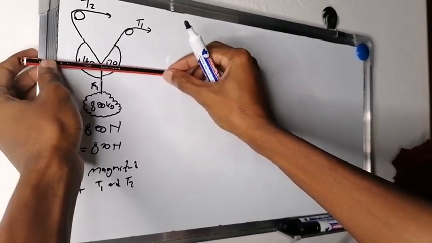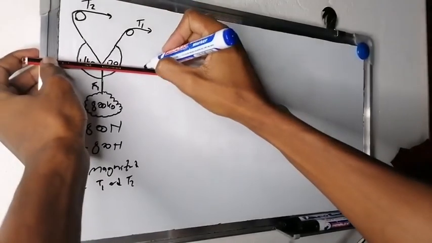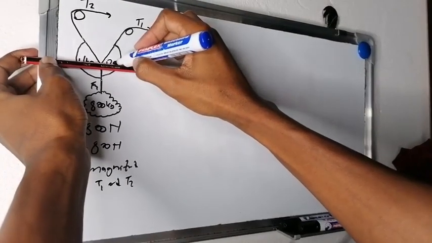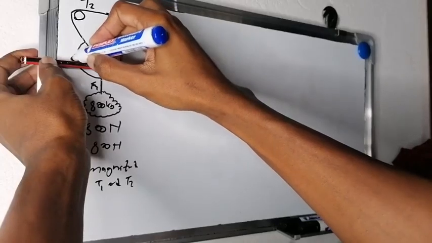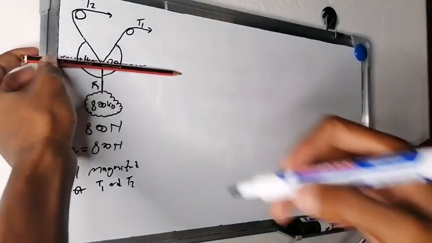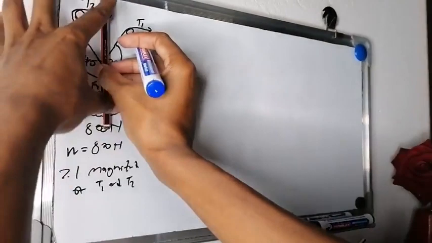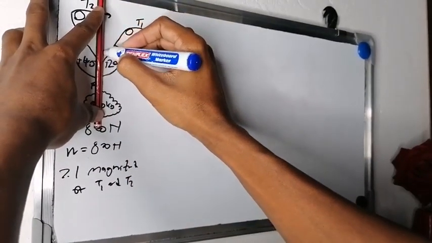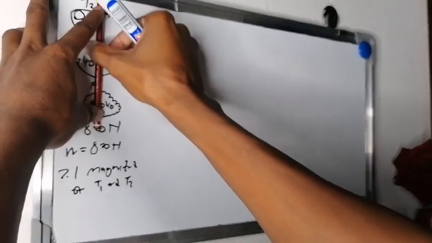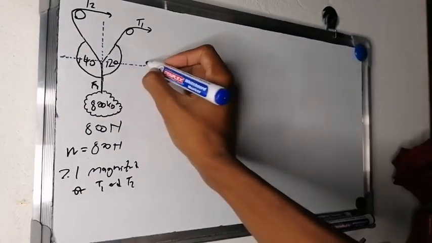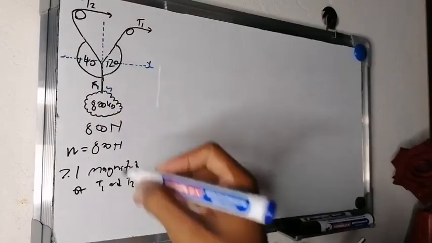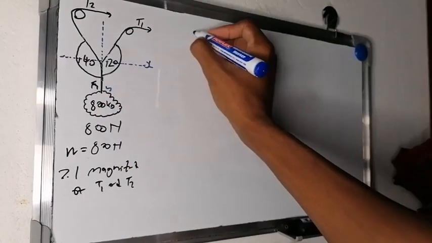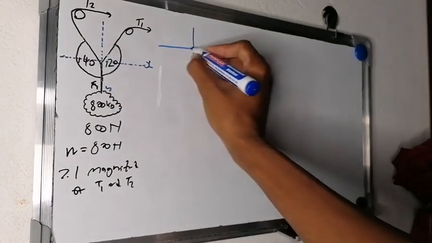I can form my Cartesian plane here. You're going to form a plane, meaning you have a horizontal line and another vertical line. I want you to understand this is what you'll be doing in the exam. This is the x-axis, this is the y-axis.